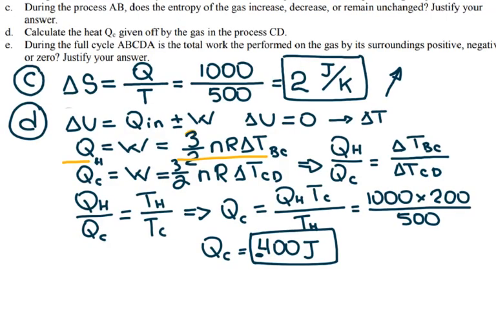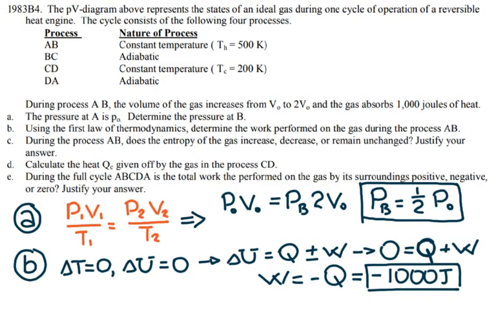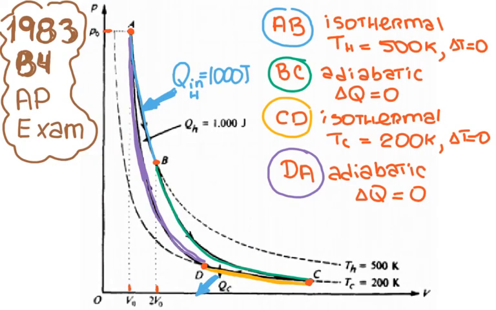So we just solved for D. Now the E part. During the full cycle A, B, C, D, is the total work performed by the gas by its surroundings positive, negative, or zero, and justify why.